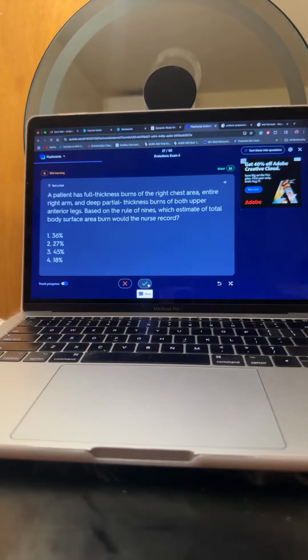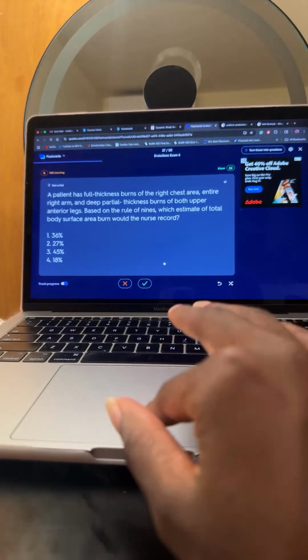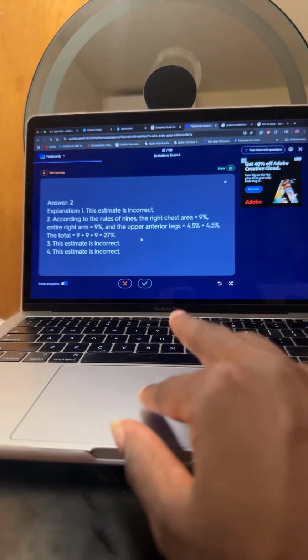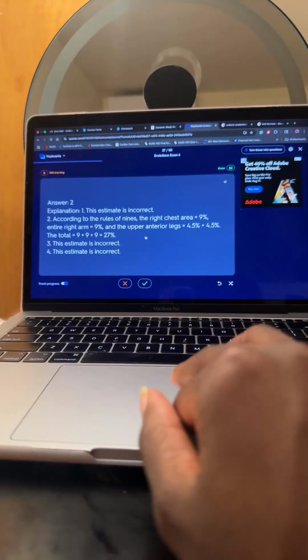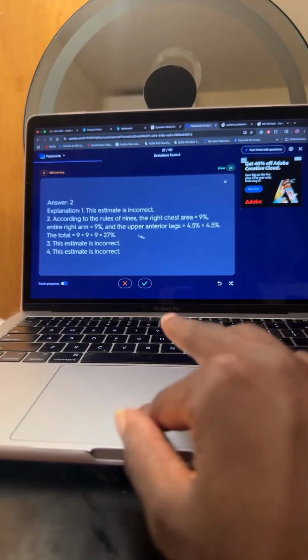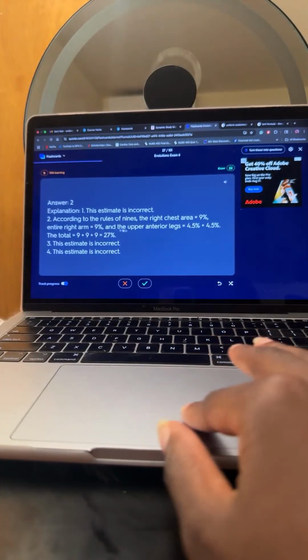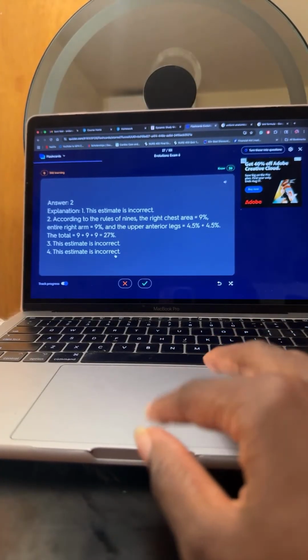I'm going to say another 9, so 27%. Is that 27? Oh, yes, it is. So, right chest area is 9, entire right arm is 9, and then the upper legs together make it 9. Yep.